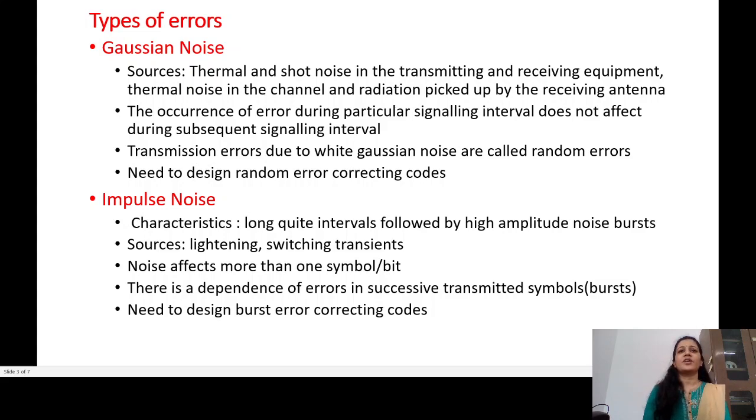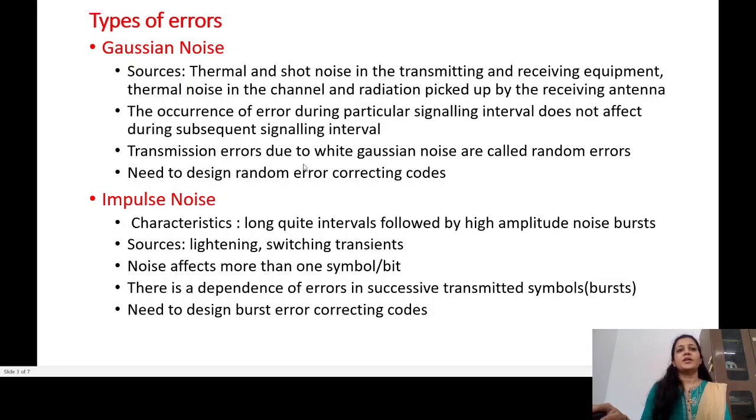And the occurrence of error during a particular signaling interval will not affect the subsequent signaling intervals. That is, if the Gaussian noise is occurring in bit duration 1, then the second bit duration, third bit duration, fourth bit duration will not get affected by this Gaussian noise. So we say that the occurrence of error during a particular interval does not affect its subsequent signaling interval.